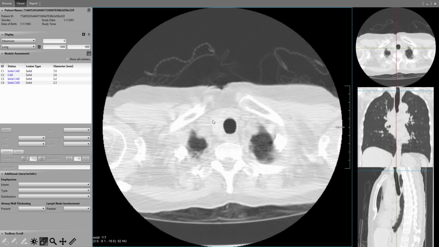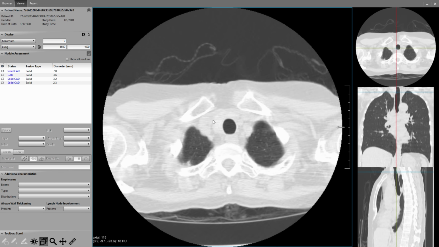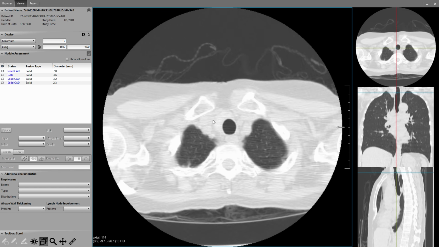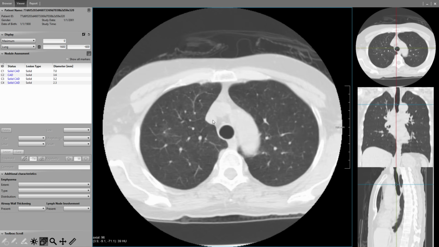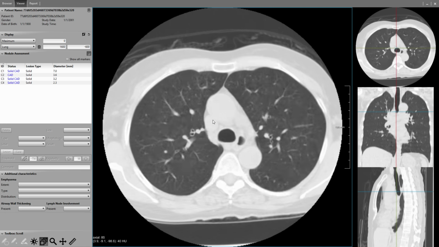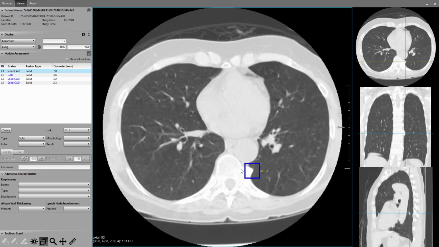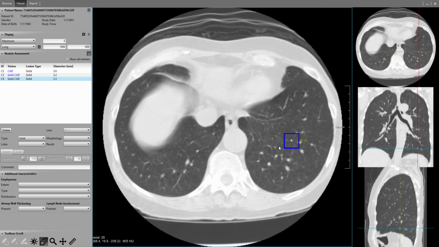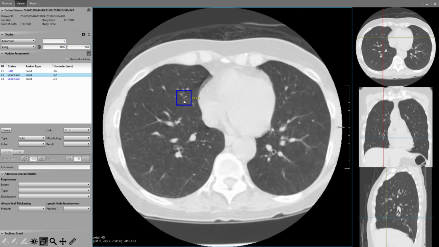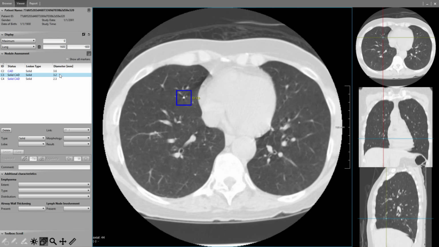This is another cancer case, which I found interesting because I couldn't really find a very suspicious lesion in this scan, and the computer has indicated this, but that's a false positive. I found this small calcified nodule. Again, it's calcified because it's too dense. Another small calcified nodule.